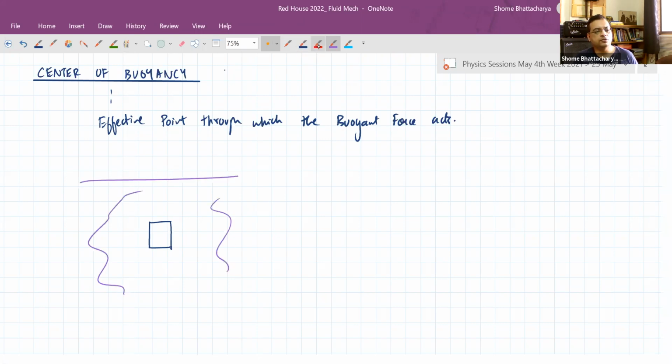So, for example, if I have a body like this completely submerged in fluid, now you know that the buoyant force is actually acting as a distributed force, because there is force due to pressure acting here, little bit larger force due to pressure acting here, and force due to pressure acting like these vectors. But the resultant of all this is the buoyant force.